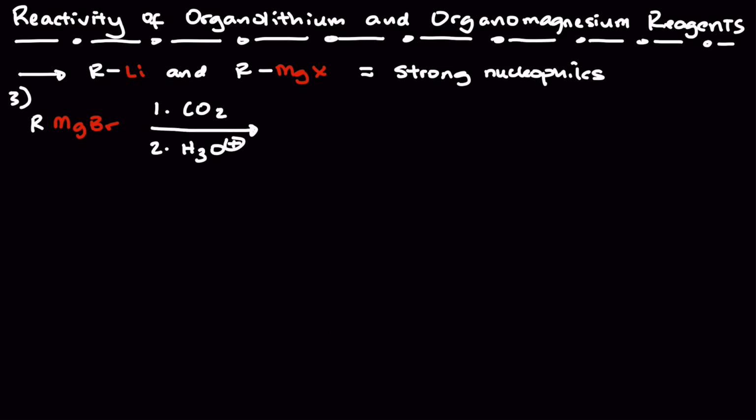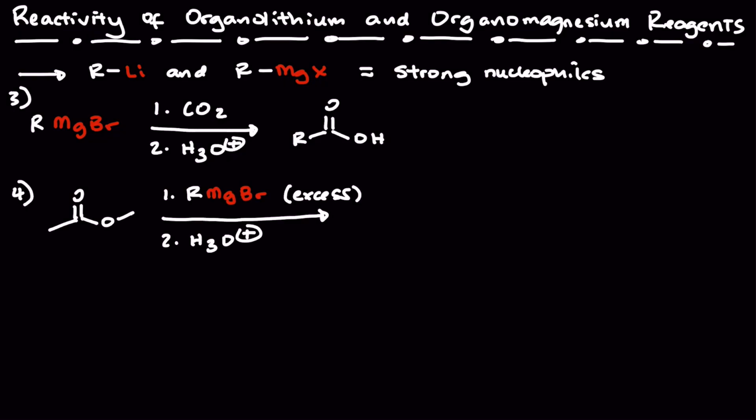We've learned that Grignards could react with carbon dioxide to form carboxylic acids. You have to do an acid workup just like before. And so this would be your product of that reaction. Grignards could react with esters. We need excess of our Grignard because we're going to do two successive nucleophilic additions to form your alcohols.